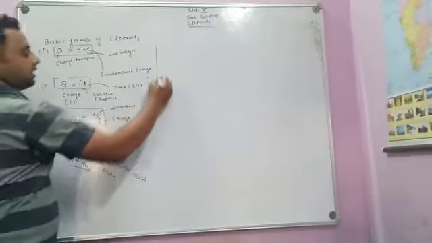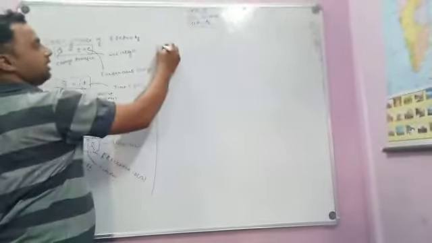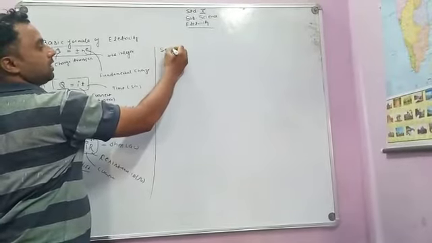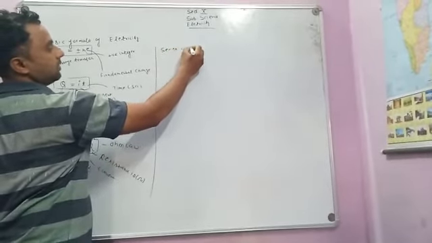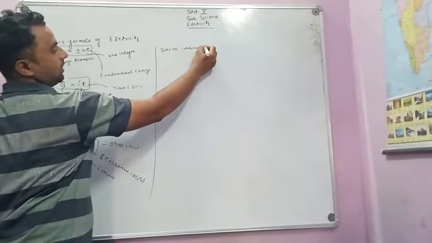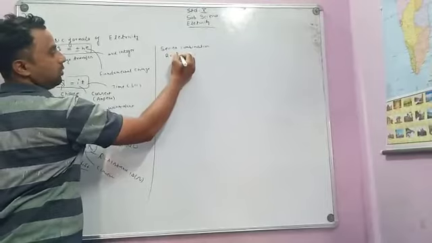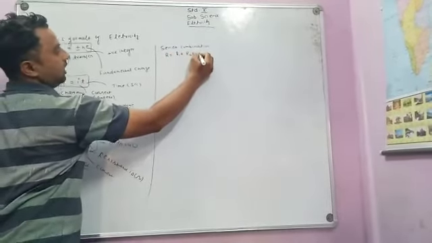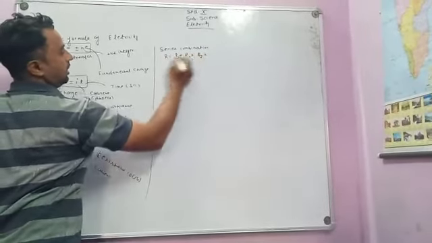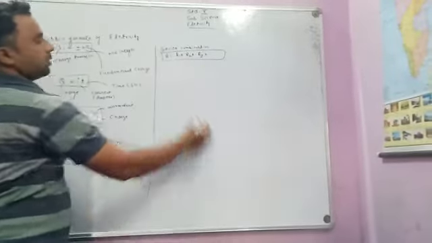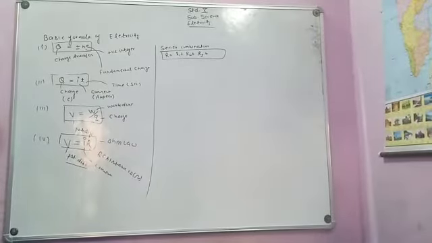Next are the resistances in series and parallel. In series combination, R is equal to R1 plus R2 plus R3. This is the basic formula we have to remember for series combinations.